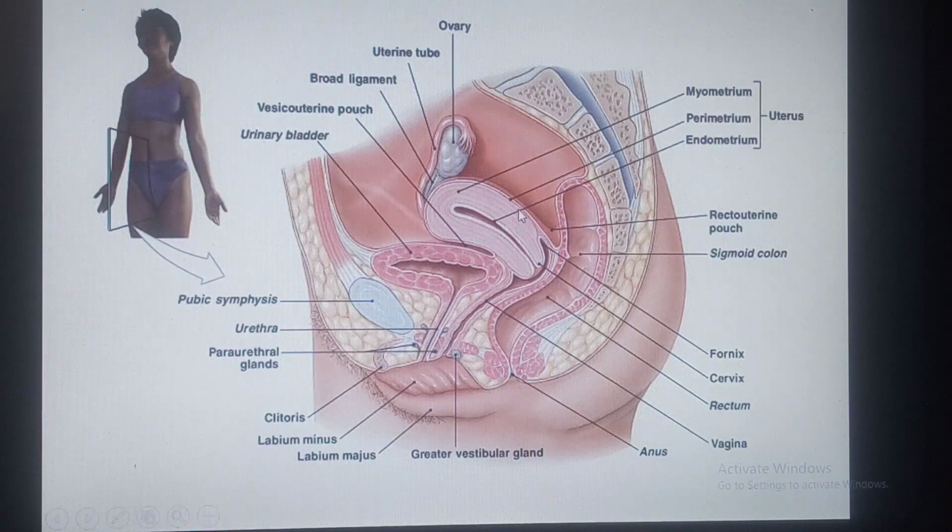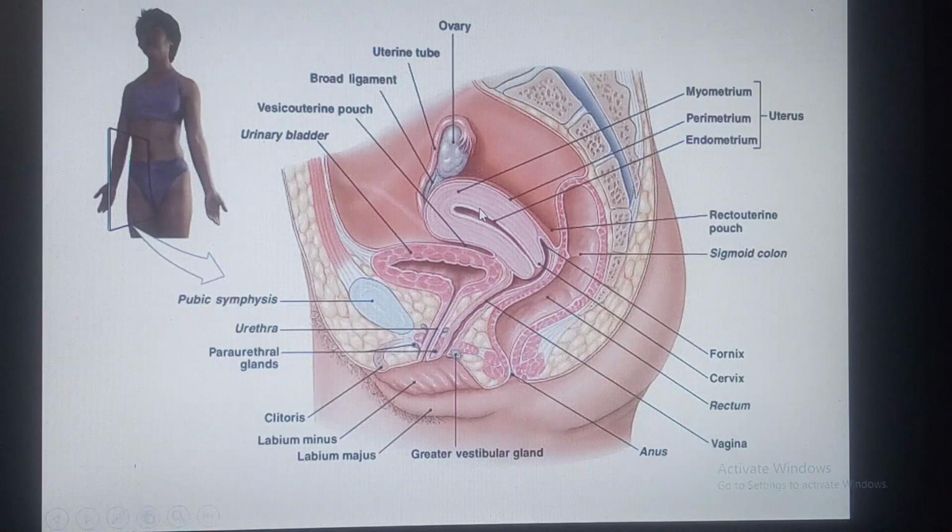One thing we have to know is that in a non-gravid female, a female who is not pregnant, the uterus will weigh around 60 grams. But due to hypertrophy and, mainly, hyperplasia as a result of pregnancy, its weight will increase to up to about 1,000 grams.